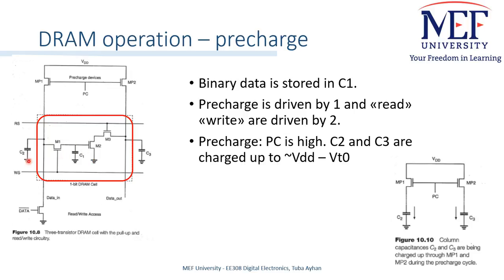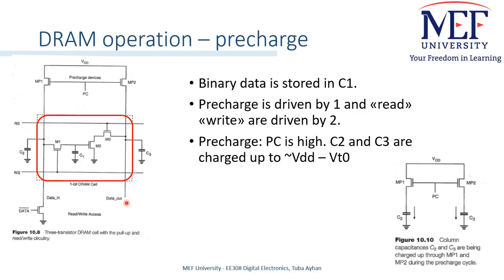The pass transistors M1 and M3 act as access switches for data read and write operations. The cell has 2 separate bit lines for data read and data write. So for data write we are using data in, and for data read we are using data out.